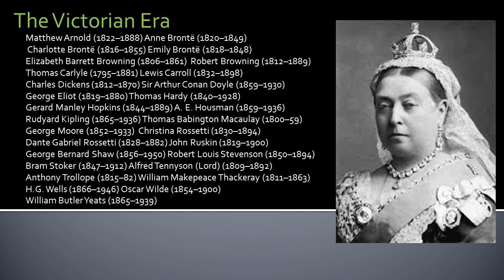Dover Beach looks at a various amount of themes. It uses the calmness of the seascape at night, while then just a little bit later, it talks about the grating roar of the waves. He will use the sea as a metaphor for faith, and the sea represents the sense of a religious doubt.